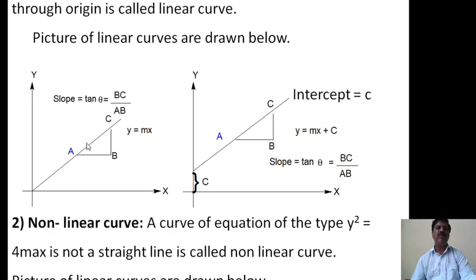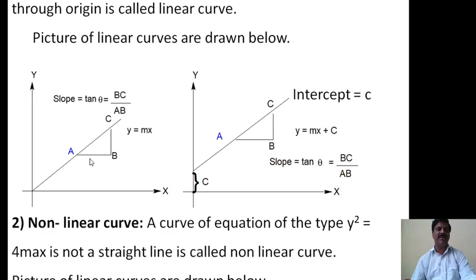Suppose we plot the triangle on this straight line, then we get ABC, a right angle triangle, with theta at this vertex. Then tan theta is nothing but the slope of the curve.